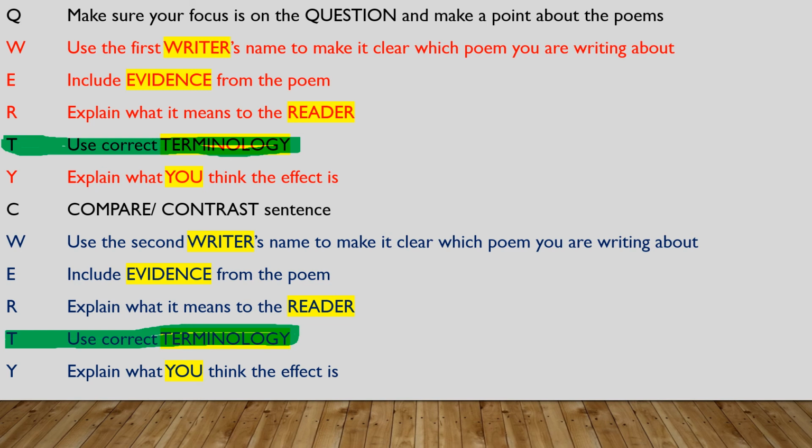If you're not sure, you should Google that word and find a definition in a dictionary, and it should tell you what type of word it is. And if you then put that terminology into your answer, you've just boosted your paragraph by a couple of marks. So that's the final part of today's lesson.